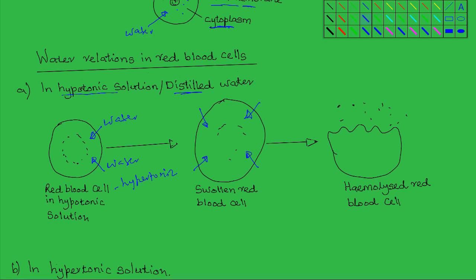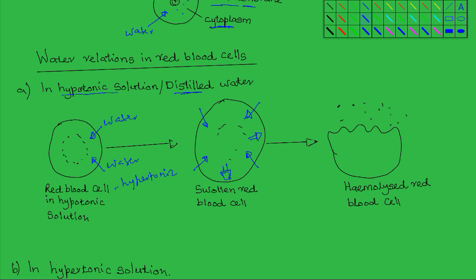And so eventually this leads to the bursting of the red blood cell, thereby releasing its contents to the surroundings. That is how the red blood cell behaves when placed in a hypotonic or distilled water environment.